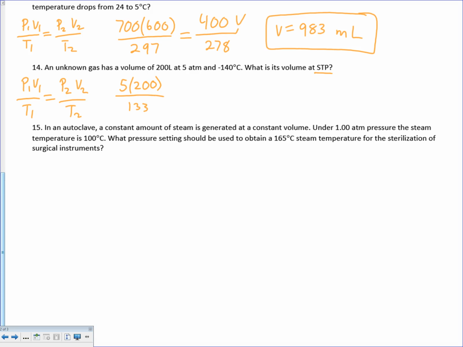So you have to remember that standard temperature is 0 degrees Celsius or 273 Kelvin, and standard pressure is 1 atmosphere. So for the pressure here, we're going to use 1. The new volume is what we're looking for. Standard temperature, as I said, 273 Kelvin. So we go through, solve for V on that one. We get V2 equals 2,050 liters.